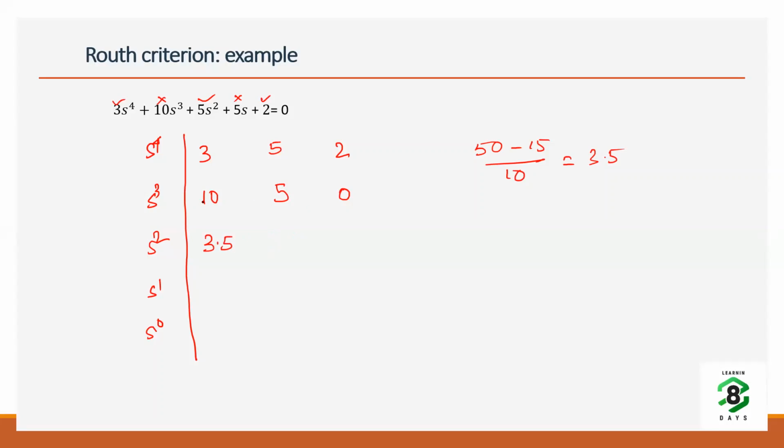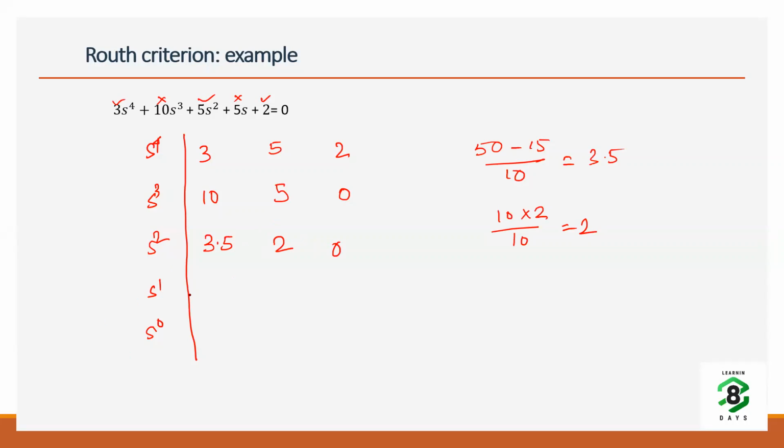What about B2? This is 10 into 2, and this component is 0, so this is nothing but 2, 10 into 2 by 10 equal to 2. Basically, if you have 0 over here, then the same number comes down.